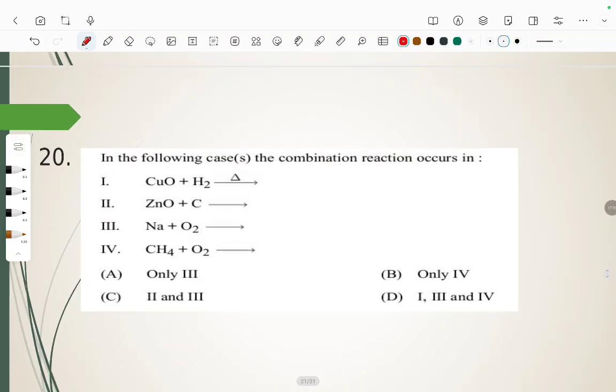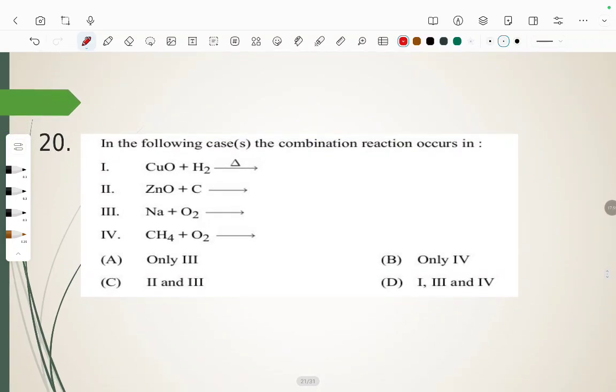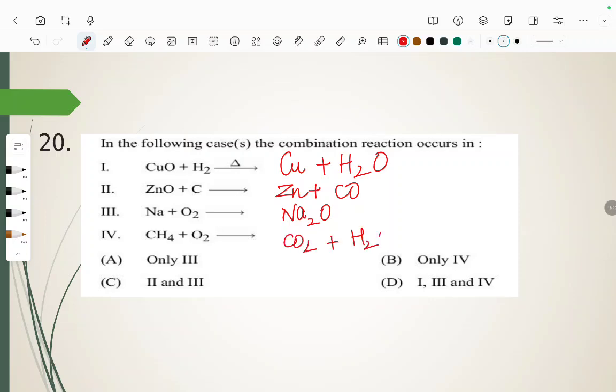In the following case, the combination reaction occurs in. Here Cu plus H2O. Zinc plus carbon dioxide. Na plus O2, it gives Na2O. So which of the following is a combination? Only the third one. Can you identify other types of reactions here?